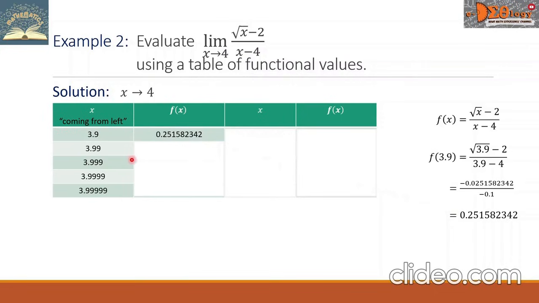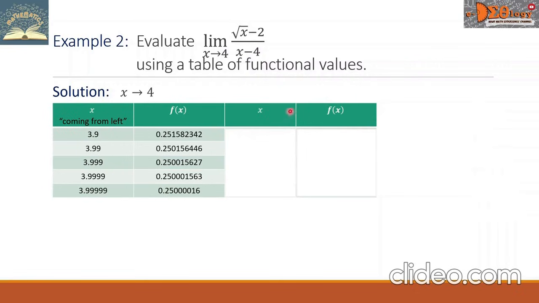So, same pattern we will do for the other values of x. Then we can write now the values of f of x respectively. And here it is. Now for the second pair of x column and f of x. We write the values of x that come to number 4 but coming from the right side.